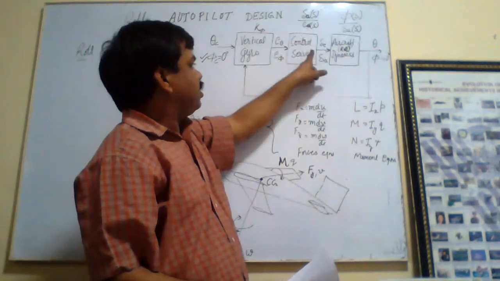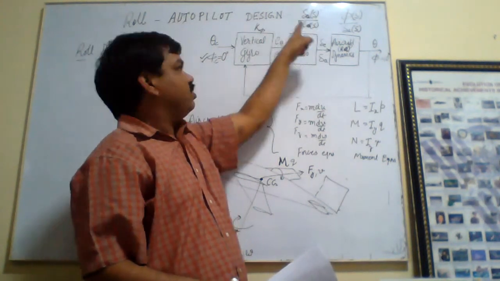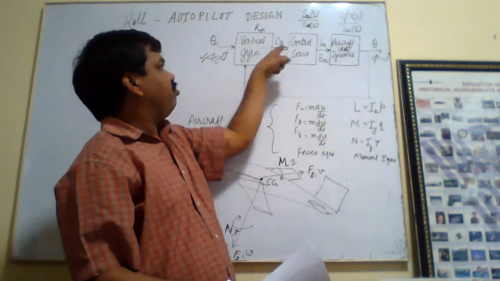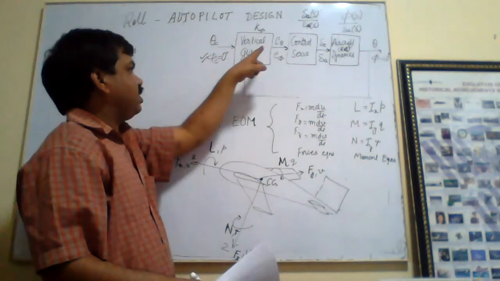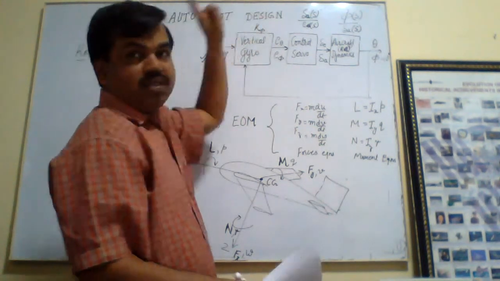Similarly for the servo, the Laplace transform of the output, which is aileron, to the Laplace transform of the input, which is the error in bank. And the vertical gyros have constant gains.